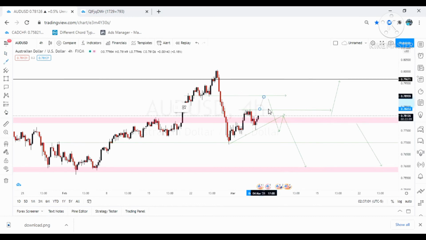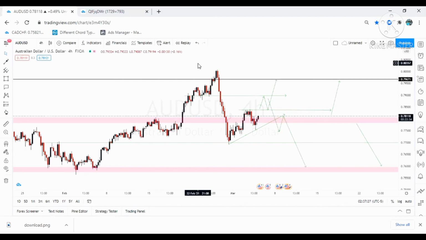If we do, and then I'm taking profits. But according to what I'm seeing here, an impulse and then a correction, I don't see this happening, right? But yeah, we just have to wait for the market.